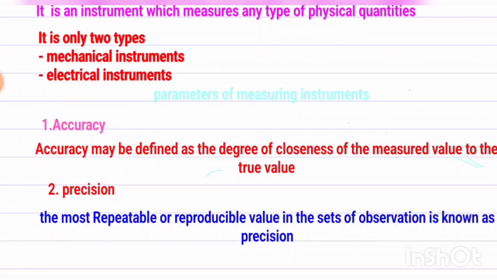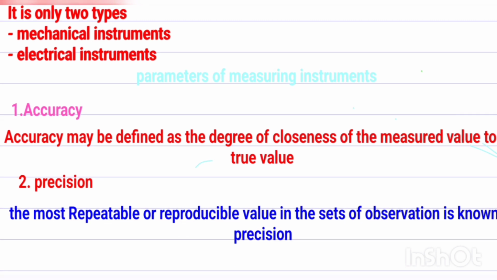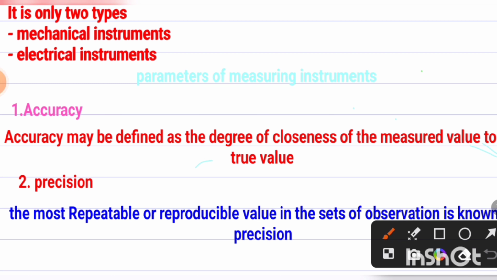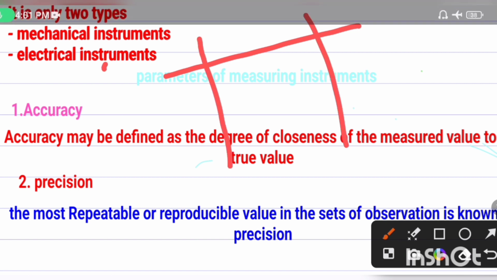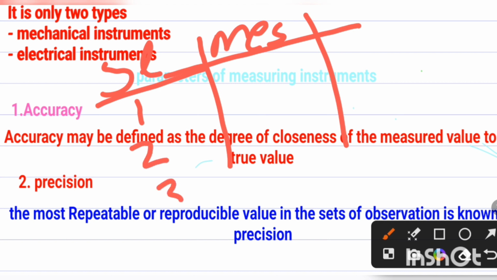The second one is precision. What do you mean by precision? The most repeatable or reproducible value in a set of observations is known as precision. For example, we take an experiment and take readings. This is the serial number, this is the measured values. We take 3 readings, 1, 2, 3, and the measured values are 9, 10, 10.